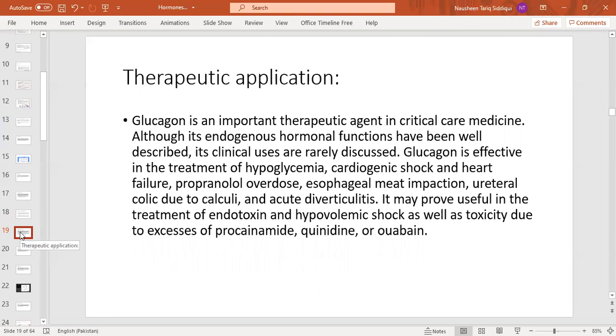Okay, therapeutic application. Glucagon is an important therapeutic agent in critical care medicine. Although its endogenous hormonal functions have been well described, its clinical uses are rarely discussed.